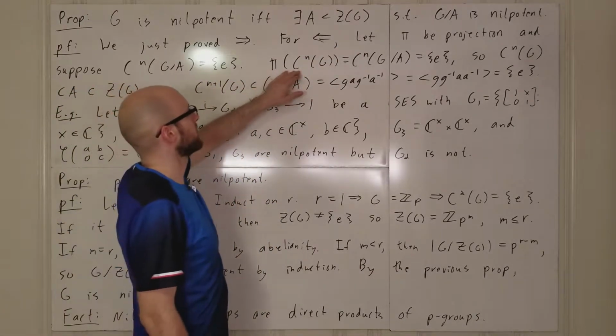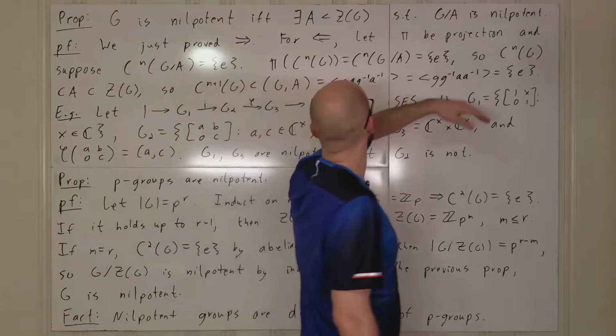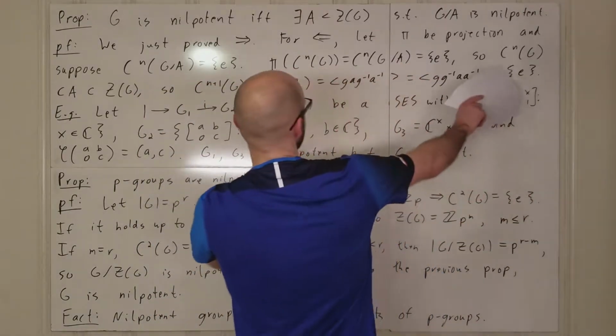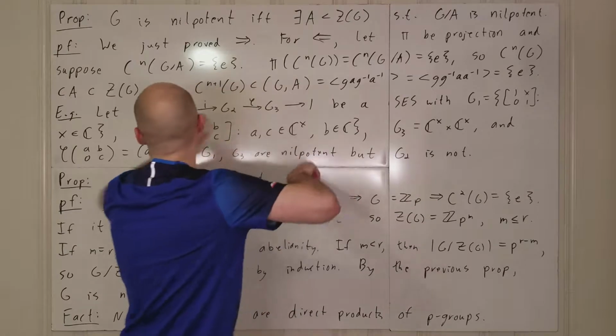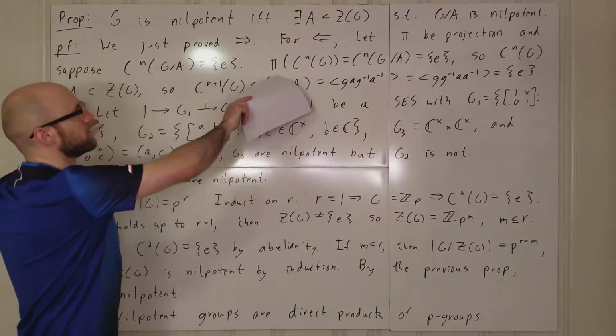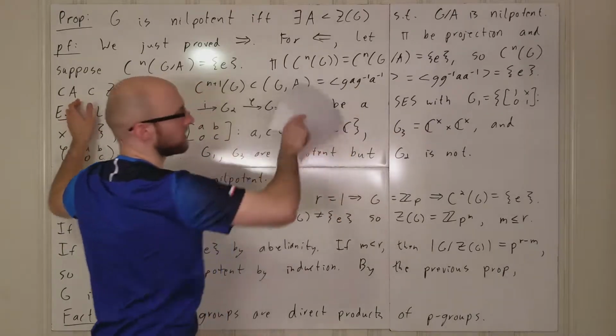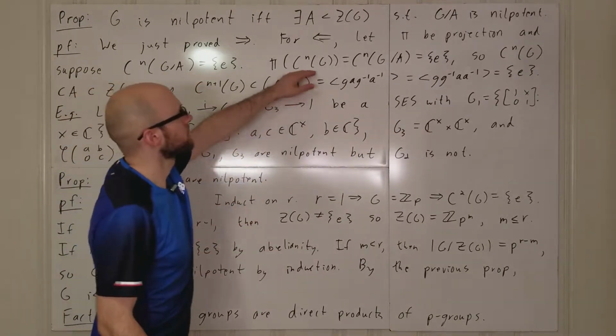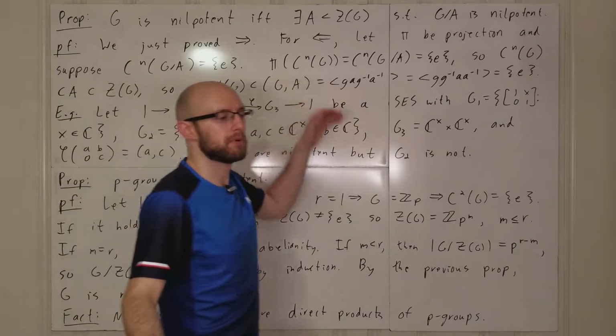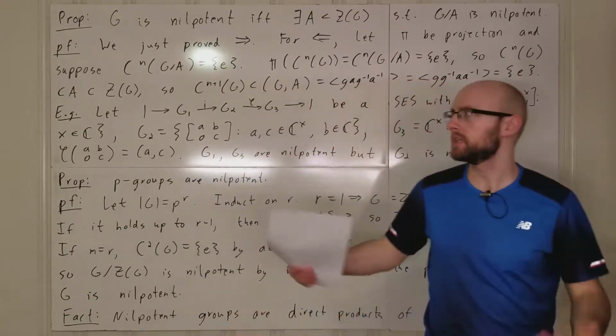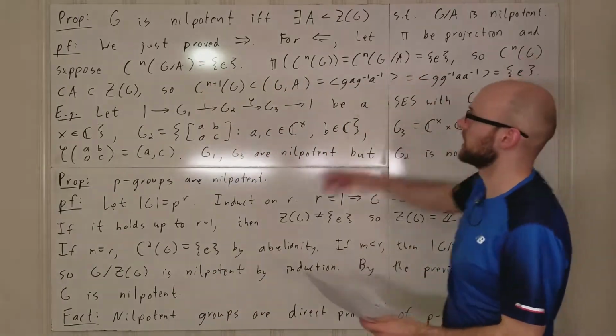So the projection of c to the n of g is e, and that means that c to the n of g must be contained in A, because projecting this subgroup lands in e, and so it's contained in the kernel of pi. But the kernel of pi, since it's the projection map, is precisely all of A, and thus this is contained in A.